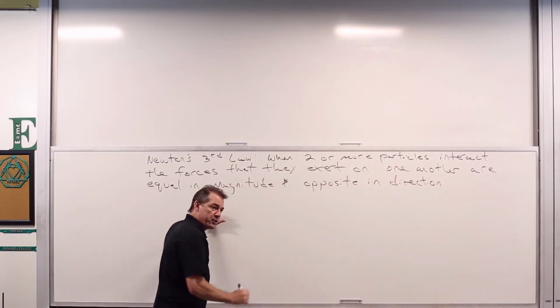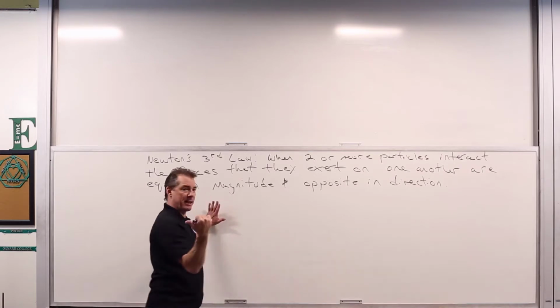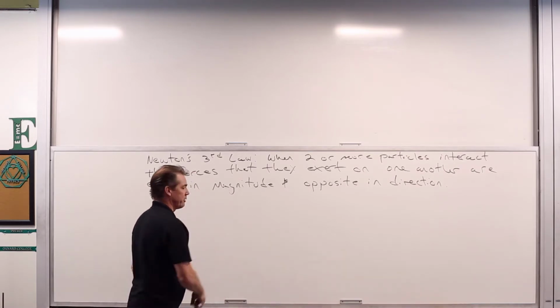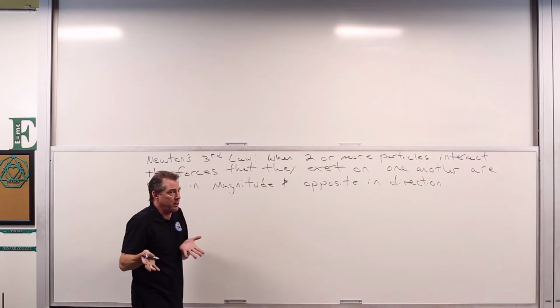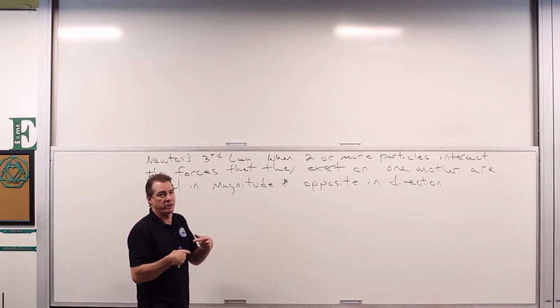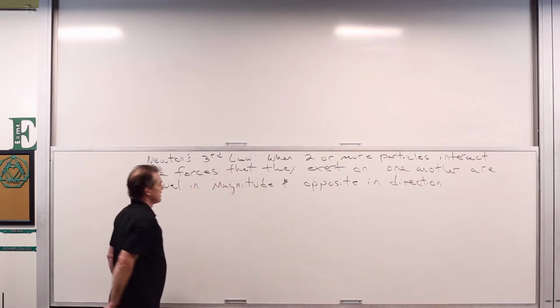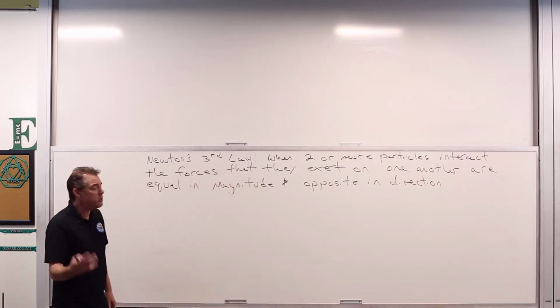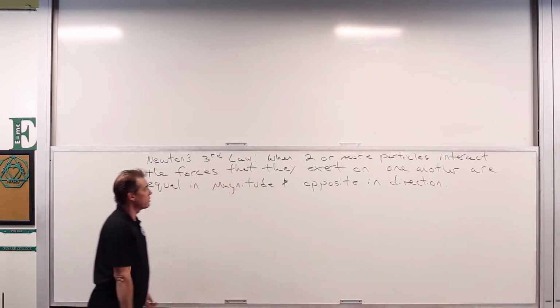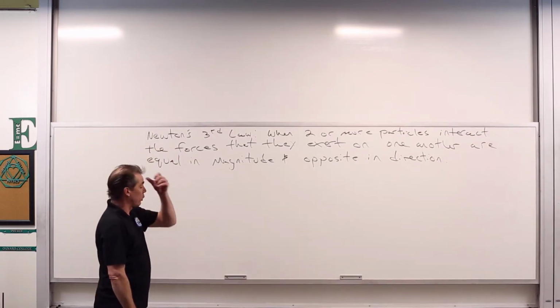I push on this that way, it's pushing back on me that way. There's a contact force going on, and when two objects are contacting one another, they're exerting forces on one another, equal magnitudes, opposite directions. That's ultimately what this is saying. It doesn't necessarily have to be a contact force. Nonetheless, we've got Newton's third law there.